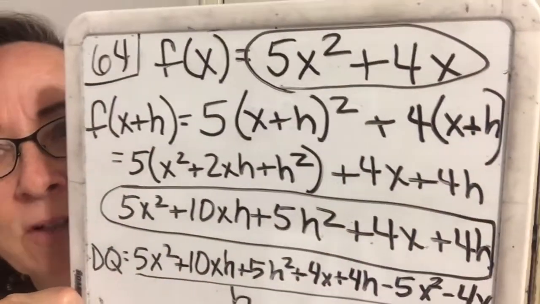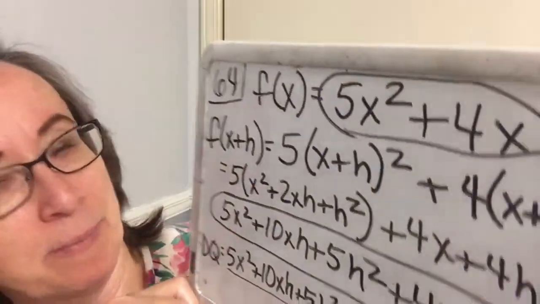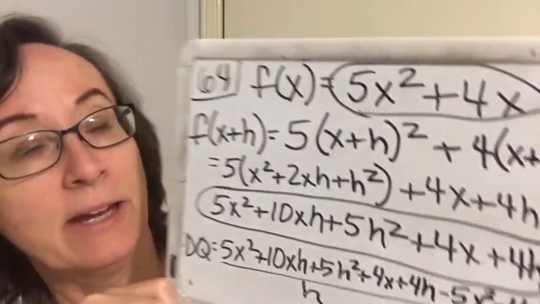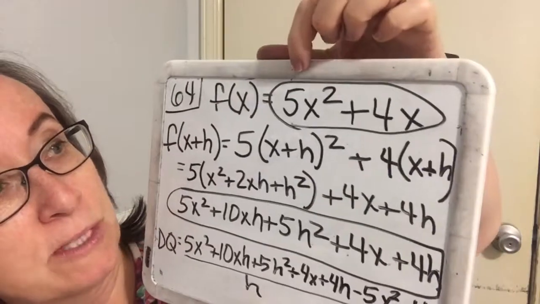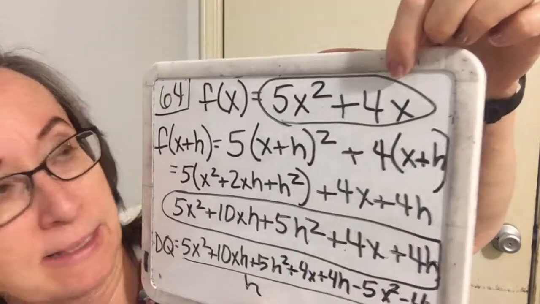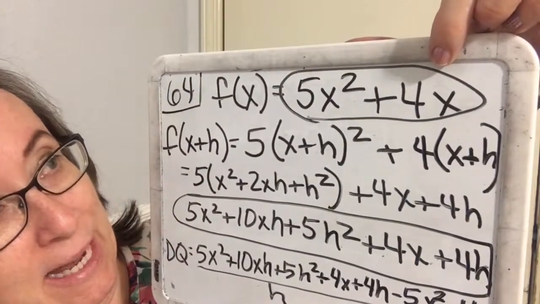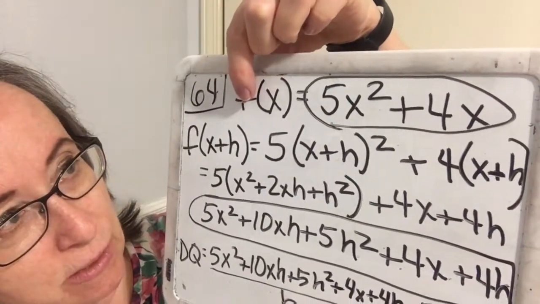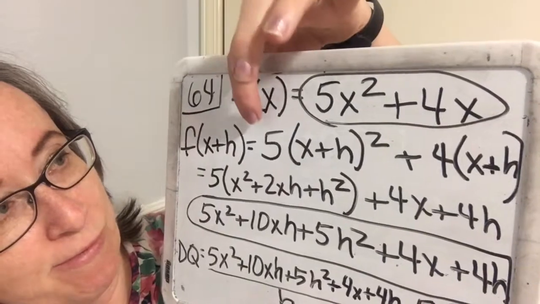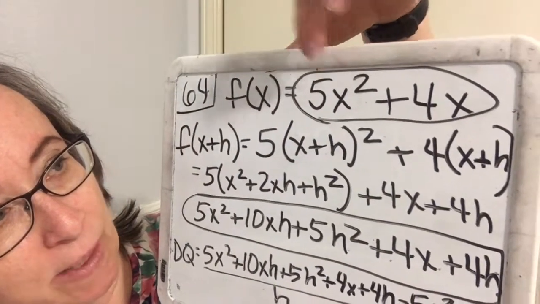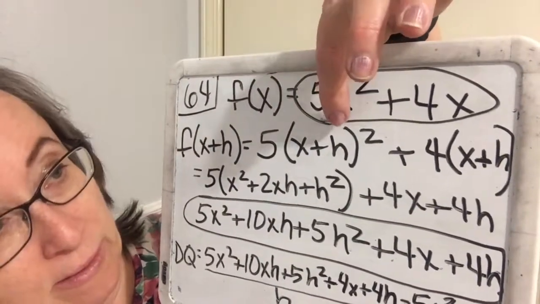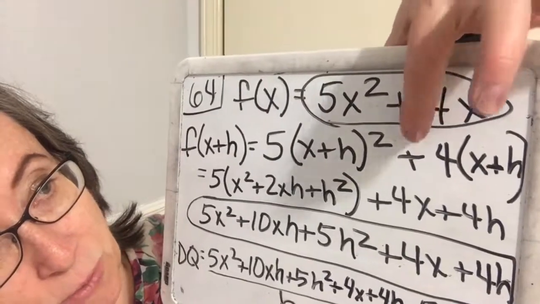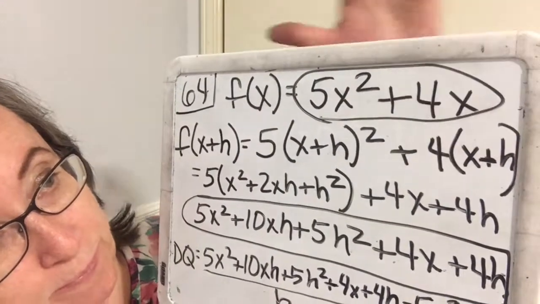Okay, so here's kind of a long drawn out one. This is number 64. And our original function was 5x squared plus 4x. So now we're going to have to find out what f of x plus h is equal to. So we're going to have a 5, and in place of the x squared, we're going to have x plus h squared plus 4 times x plus h.